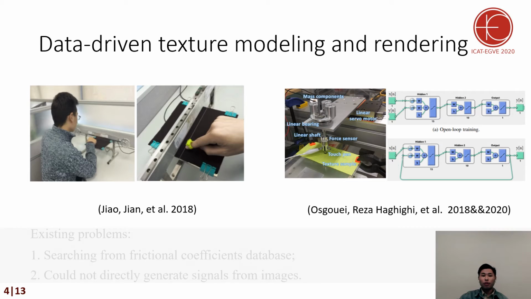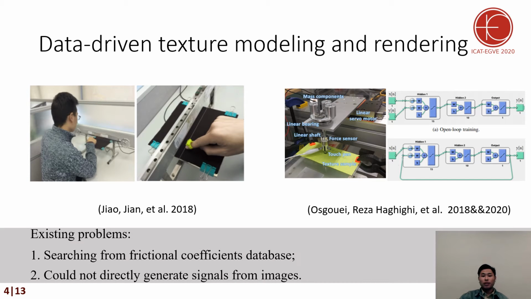However, for retrieval-based signal generation, the quality of the database is critically important for the searching tasks. Another problem is that it could not directly generate frictional signals from images and cannot create new haptic textures. How to predict frictional coefficient signals from RGB images has not been explored.